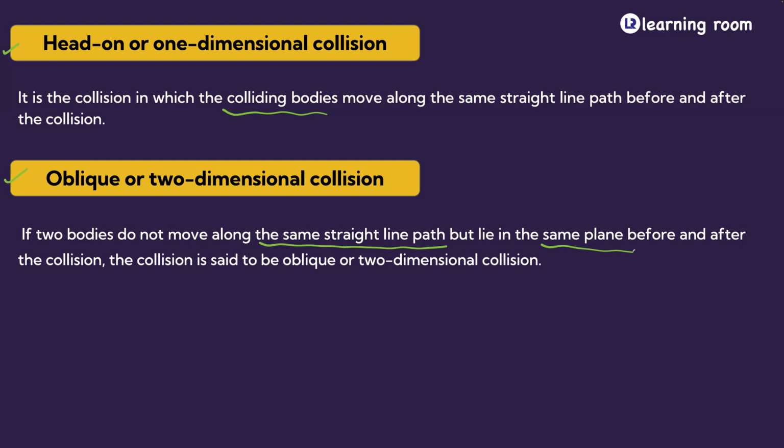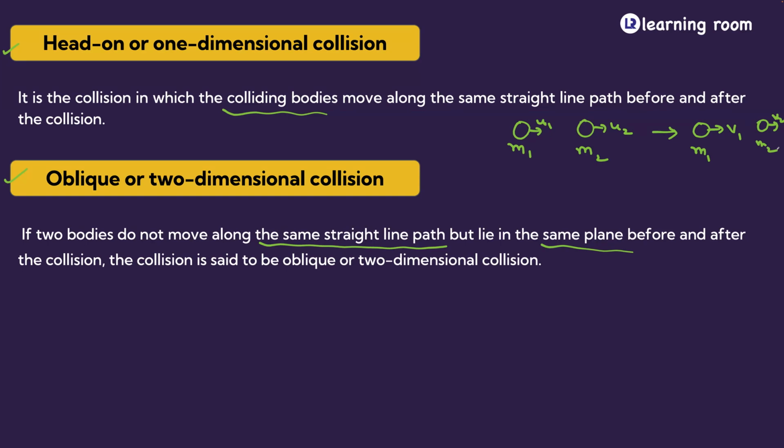So if I have to represent it diagrammatically, there is an object of mass m1, there is an object of mass m2. They both are moving along the same line with the velocities u1 and u2. Let's say they are undergoing collision. So after collision, what will happen? They will start moving in such a way that this is going to move with the velocity of v1 and this is going to move with the velocity of v2, this m2.